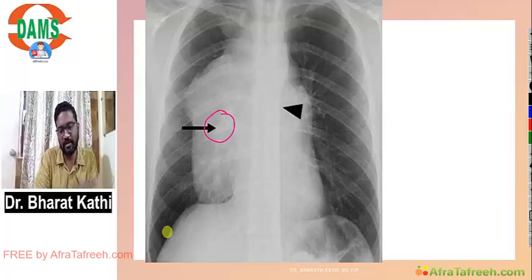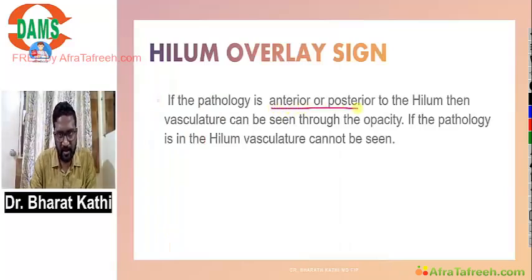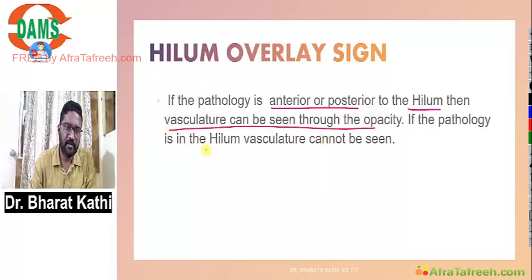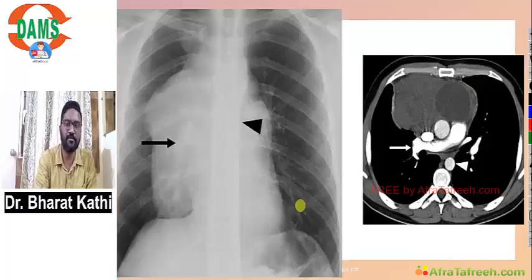It is either anterior to hilum or posterior to hilum. If the pathology is anterior or posterior to hilum, then the vasculature can be seen through the opacity. If the pathology is in the hilum, vasculature cannot be seen.